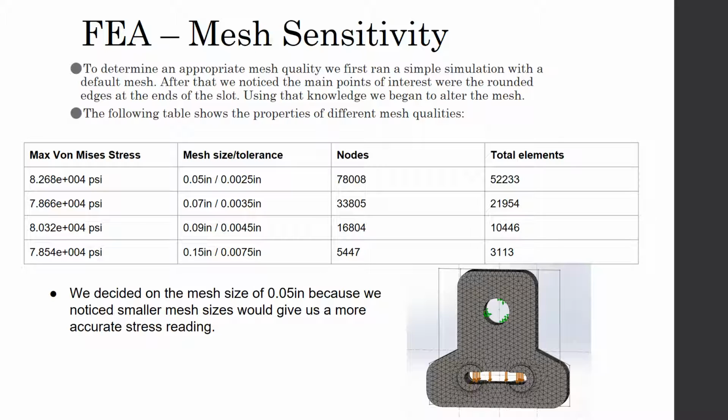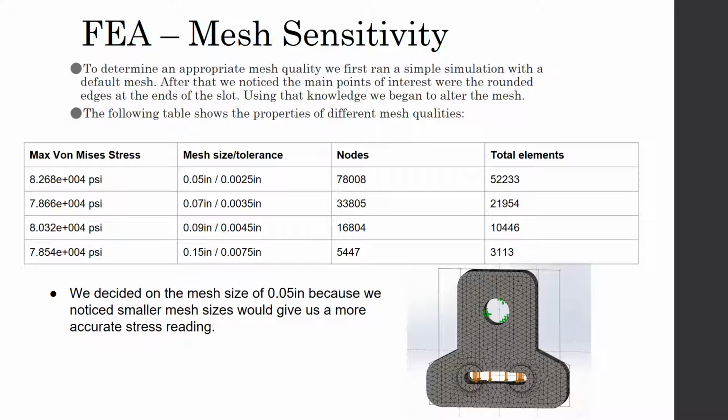The smaller the mesh size and tolerance, the more accurate and the more finite the elements of the mesh would be. So in other words, the smaller the little element sizes, the more it's able to calculate. As you can see by the table, the smaller sizes typically have more accurate and higher max von Mises stresses.